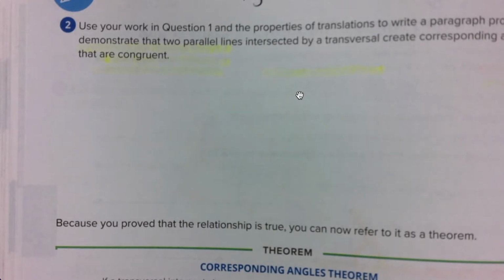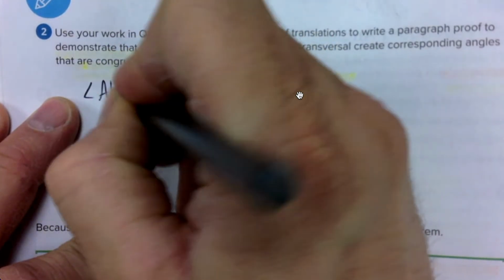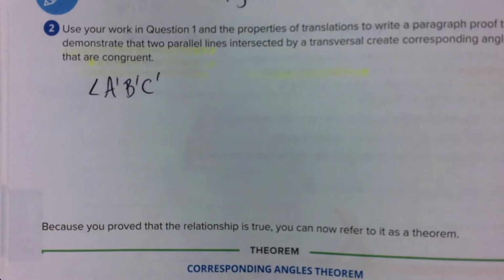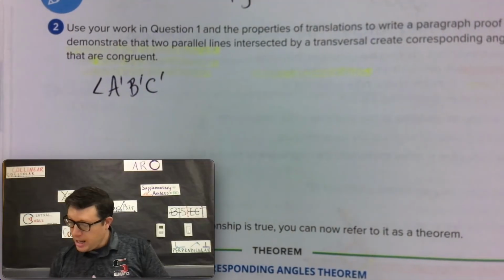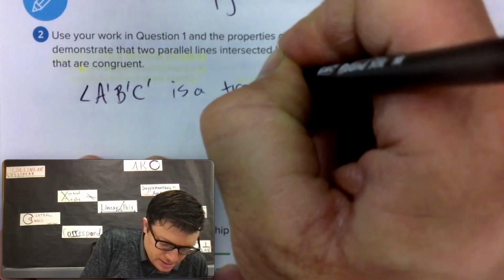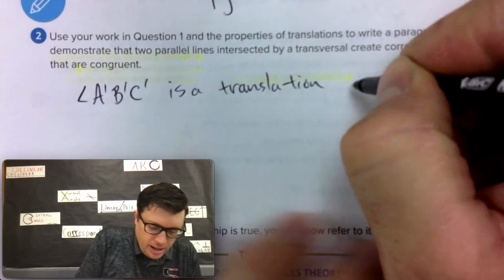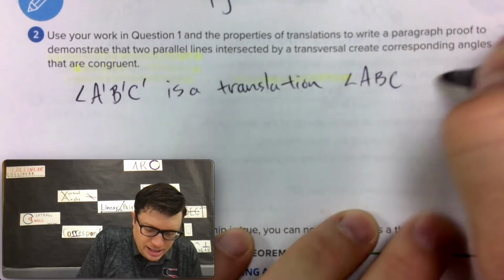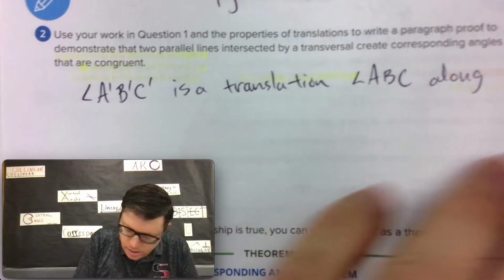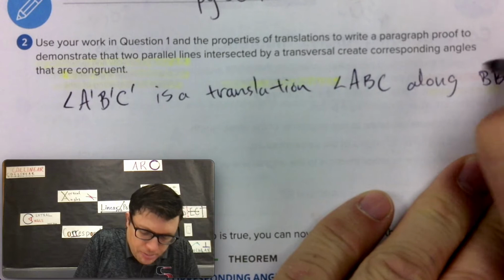Here we go. First of all, angle A prime, B prime, C prime. When we created that angle, we created it as a translation of angle ABC along B prime.